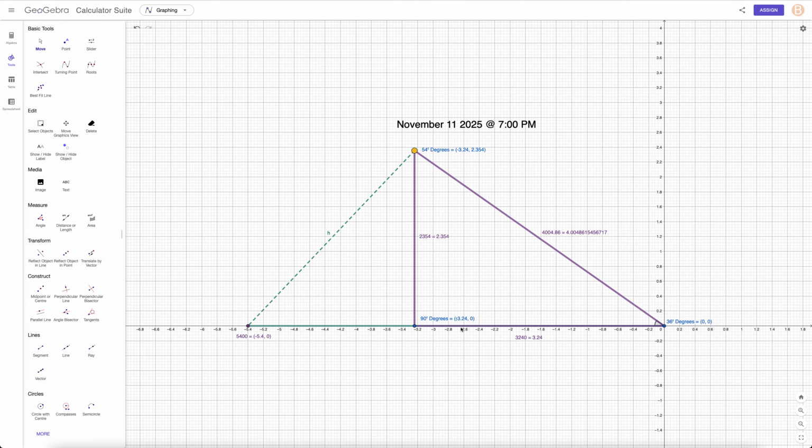The point being, as well as that, firstly, you don't need the zenith angle. You can use that process, but you don't need to. You just multiply your angle here by 60 and then subtract that from 5,400, same thing. So you don't need a zenith angle to determine the length of your adjacent.